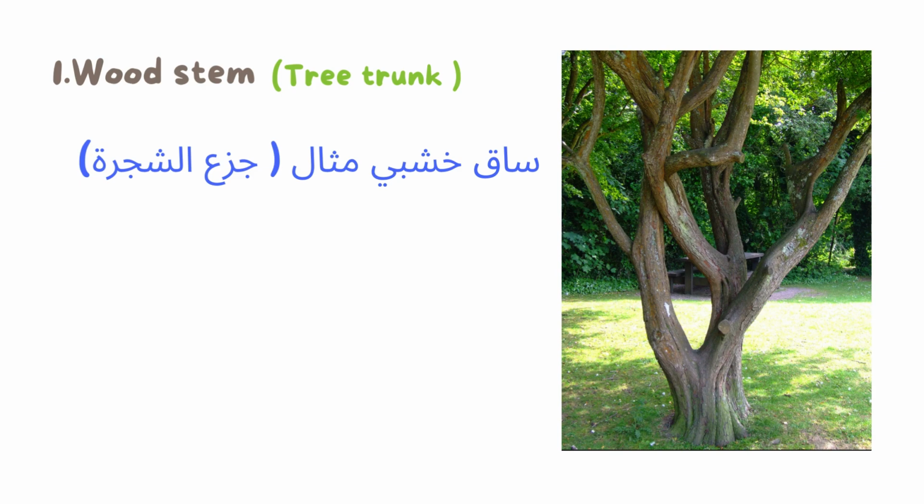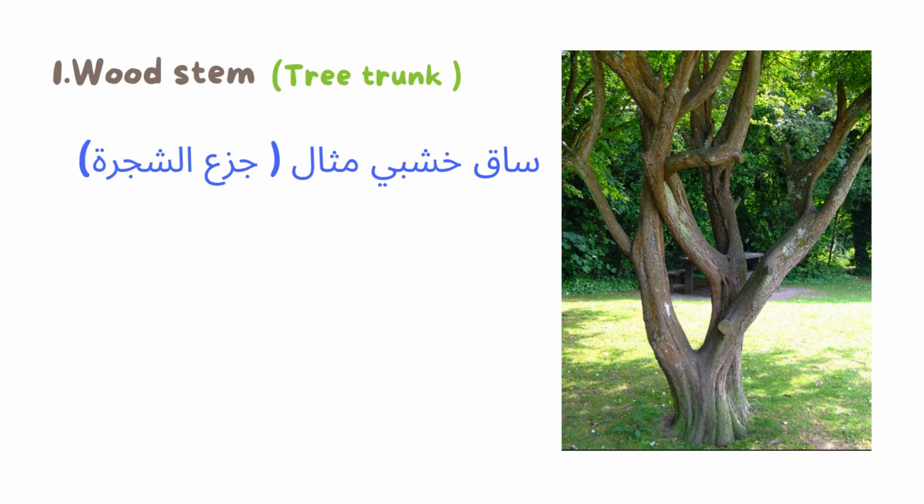As the first form of stems, wood stem, like the tree trunk. As you see here, the tree trunk is a stem that supports the leaves of the tree and also transports water and nutrients from the roots to the other parts of the plant or the tree.